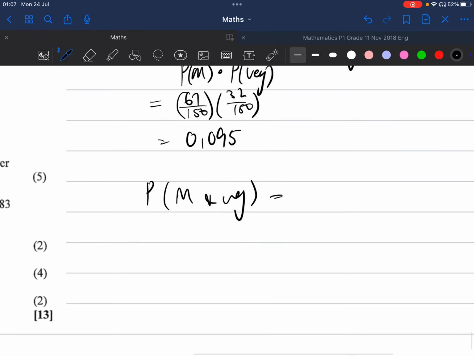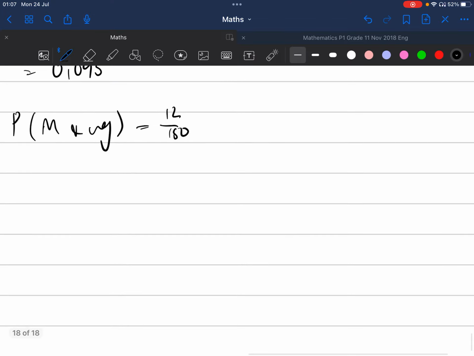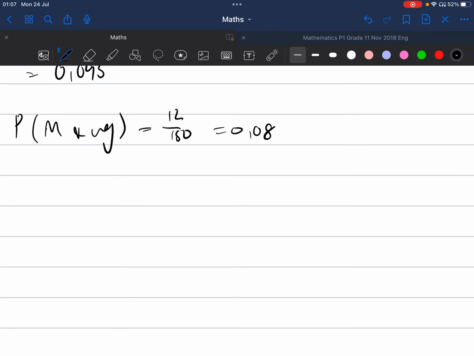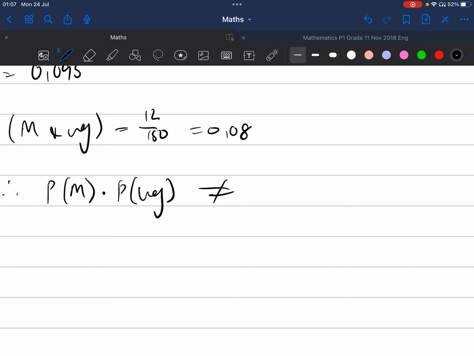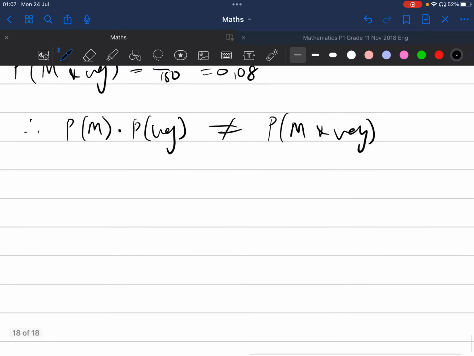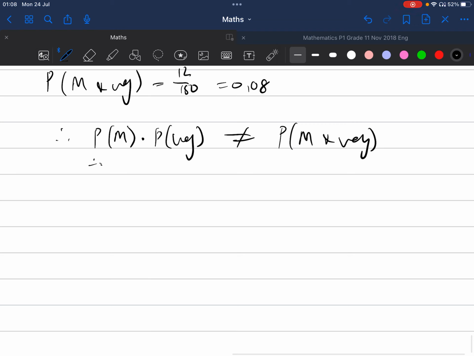And 12 over 150 is the same as 0.08. So you can see that the probability of male times the probability of taking a vegetarian snack is not equal to the probability of being male and taking a vegetarian snack. Therefore the events are not independent.